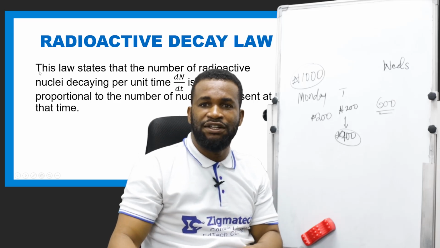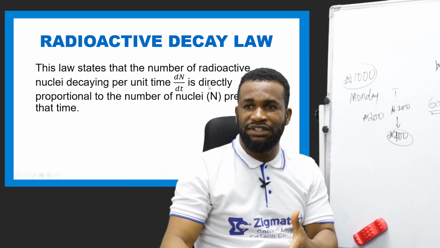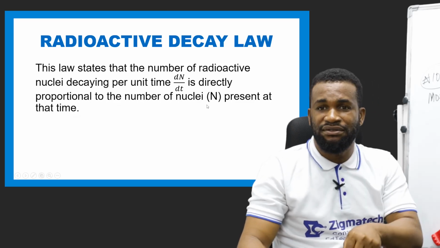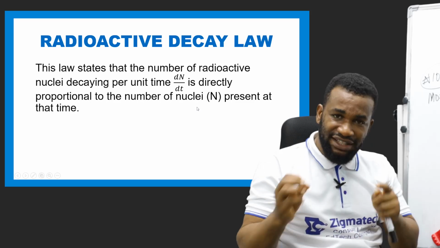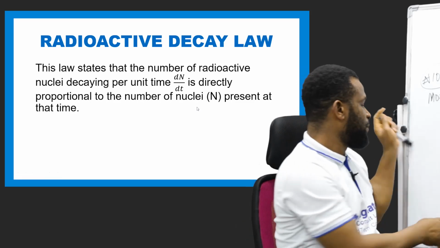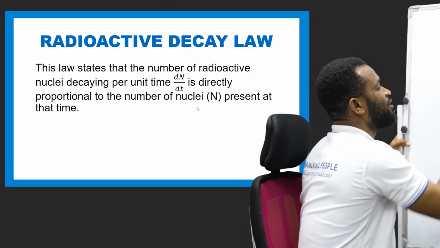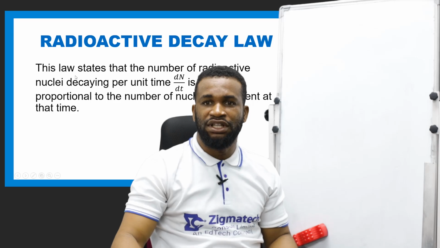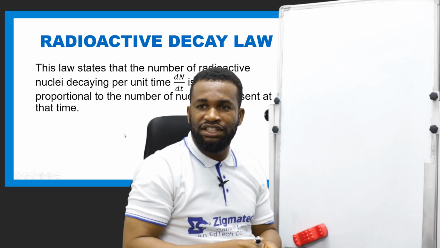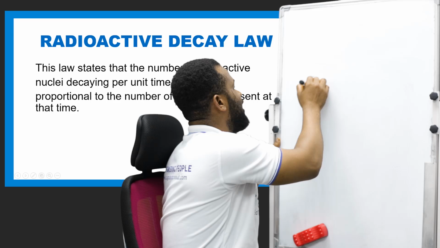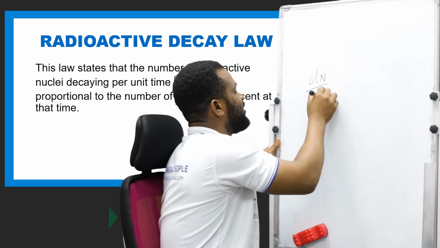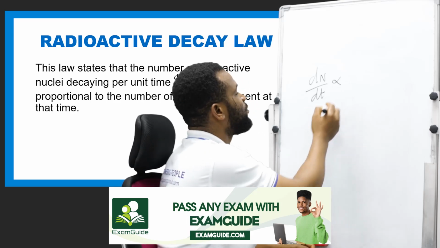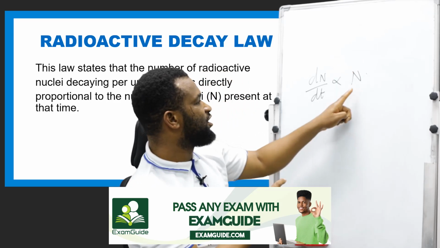Therefore, when we look at radioactive decay, we say what is decaying at a given time and what is left at a given time, the instantaneous quantity left. So we are going to use calculus to explain the concept better. Now, this law says that dN/dt is directly proportional to N, because this is what is left.